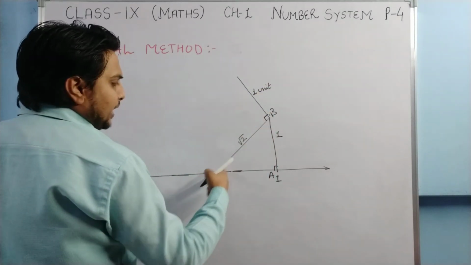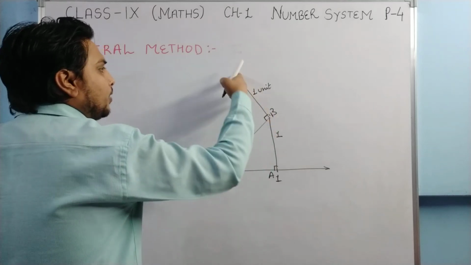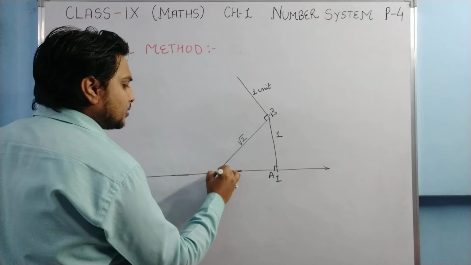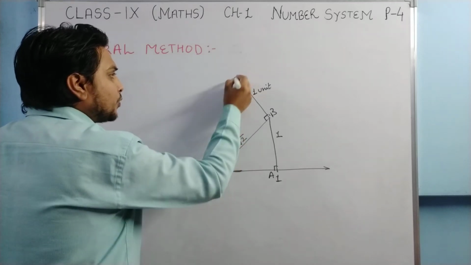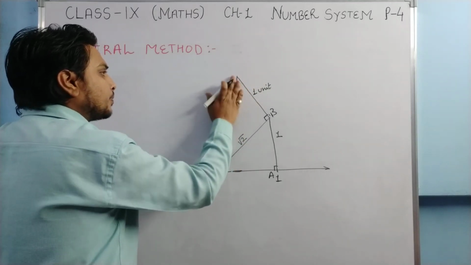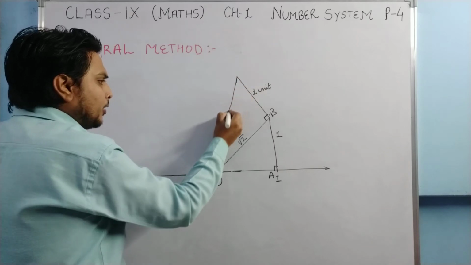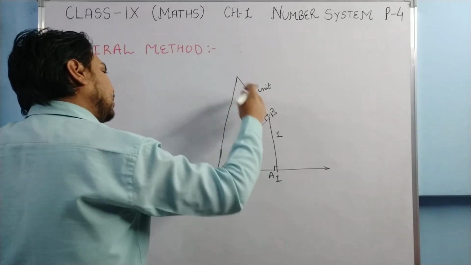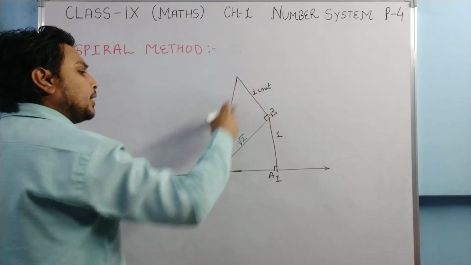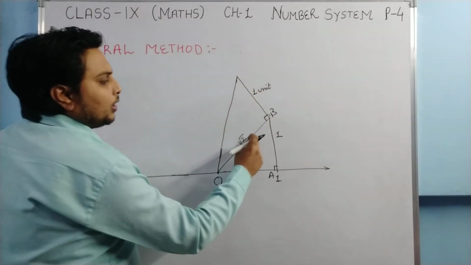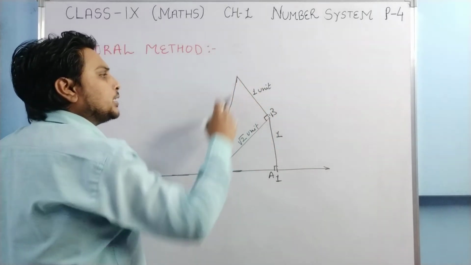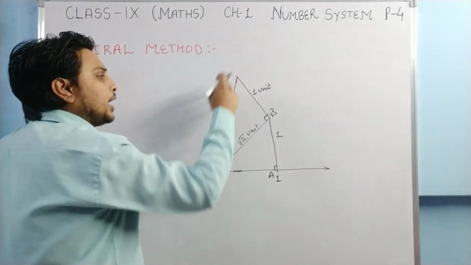So base is under root 2, perpendicular is 1, and when we join this point to this point, this is a right angle triangle where base is under root 2 unit and perpendicular is 1 unit, and this should be the hypotenuse.